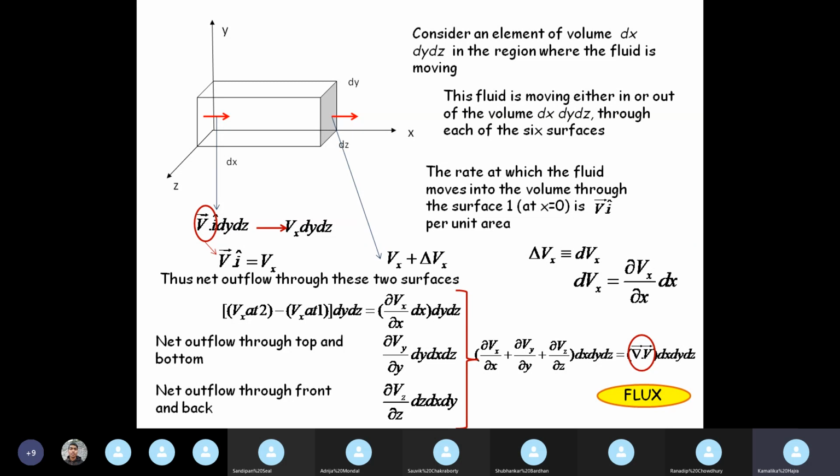Suppose you ask your friend to meet you at the gate of some cinema hall and he tells you that I will meet you sometime later because right now the flux of people through that gate is very high because the show just ended.